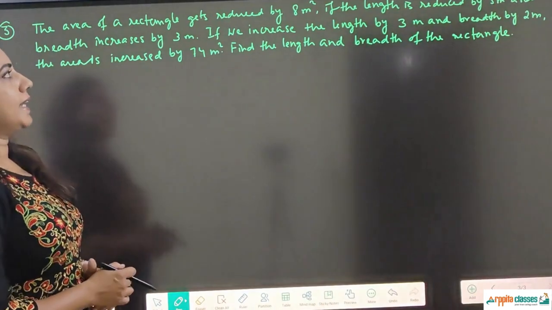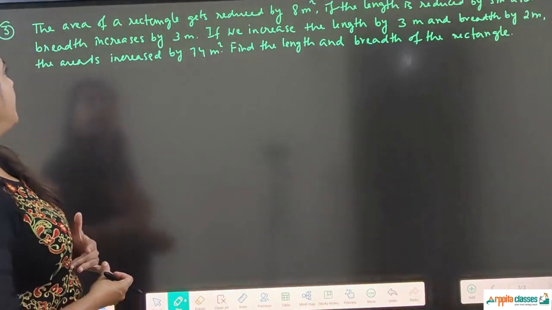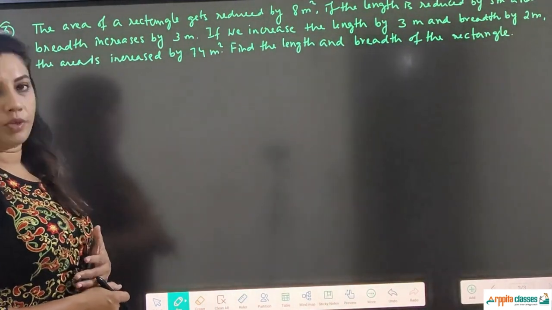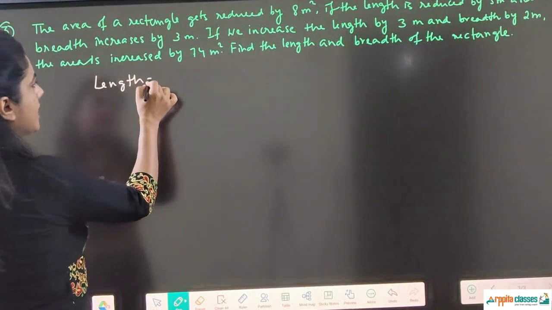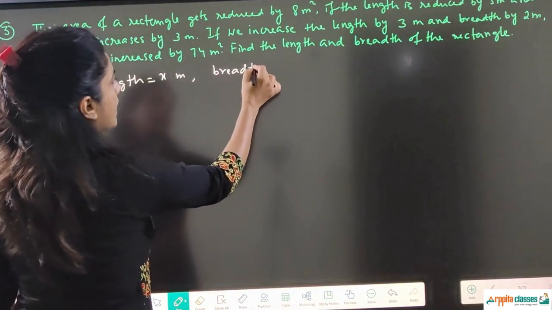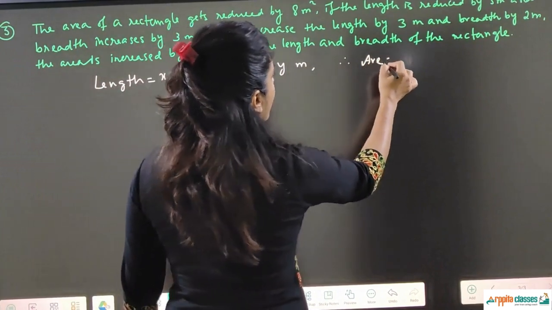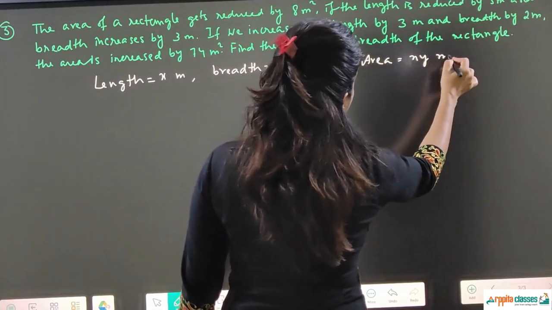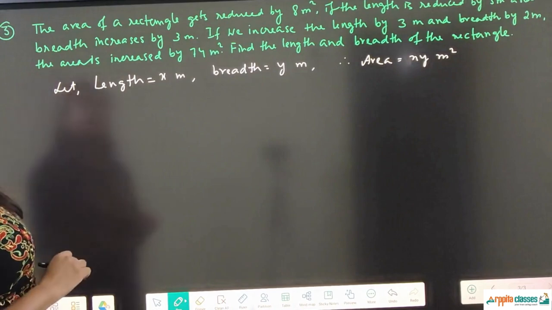The area of a rectangle gets reduced by 8 meter square if the length is reduced by 5 meter and the breadth is increased by 3 meter. So again, length we are considering as x meter, breadth we are considering as y meter, therefore area we are getting as xy meter square. Okay, now let us apply the condition.